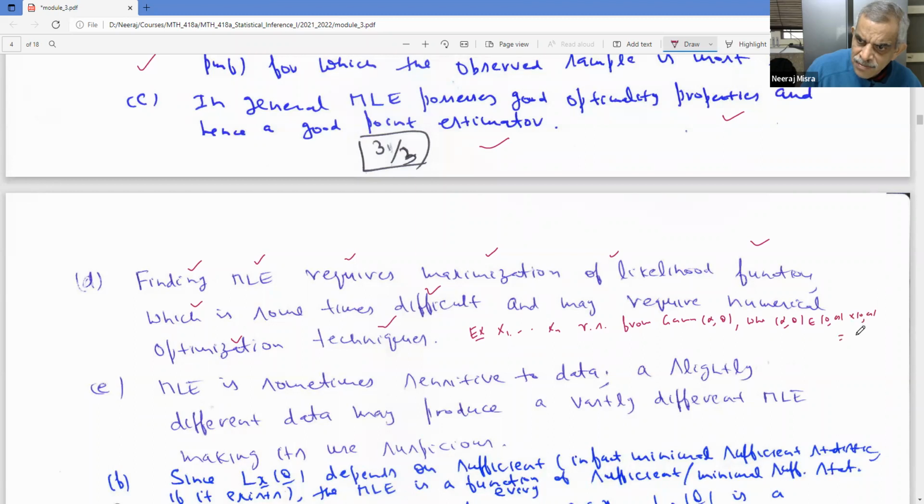I'll give this as an exercise problem. You would see that here you cannot get a closed form expression for the MLE. And one has to resort to numerical techniques to evaluate these estimators.